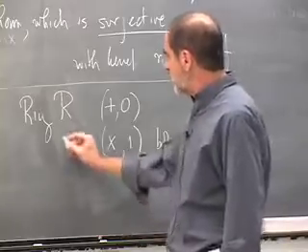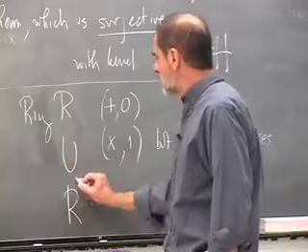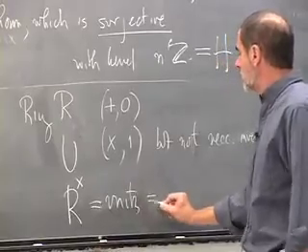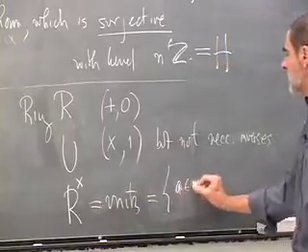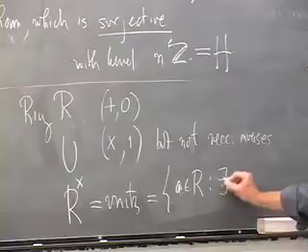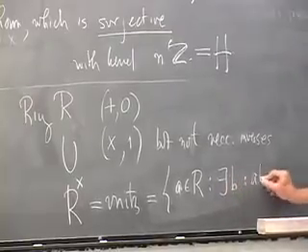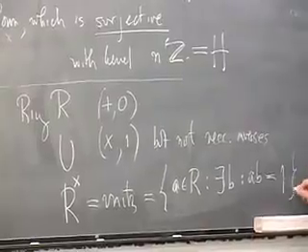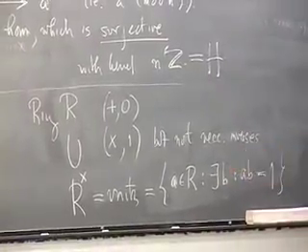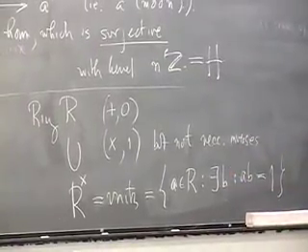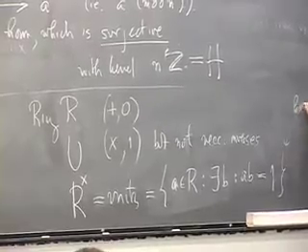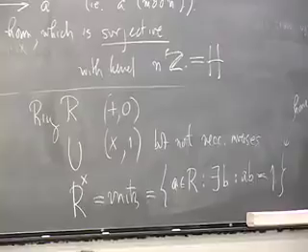Nonetheless, you get a subset of the ring called R star, which is sometimes called the units of the ring, which is the set of elements a in R such that there exists a b such that ab is equal to 1. So they're the elements which have multiplicative inverses. Everything has an additive inverse.